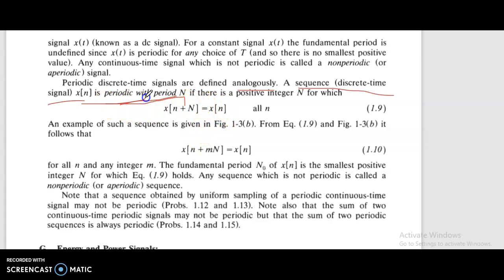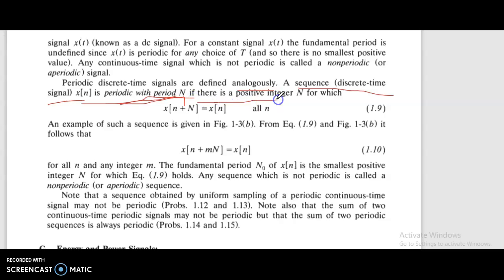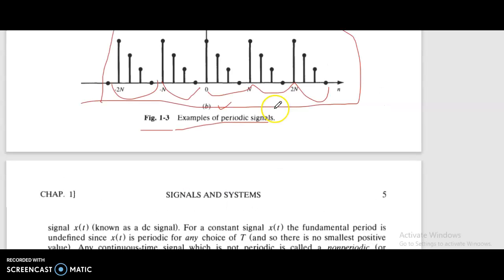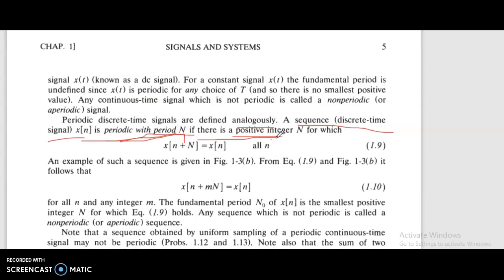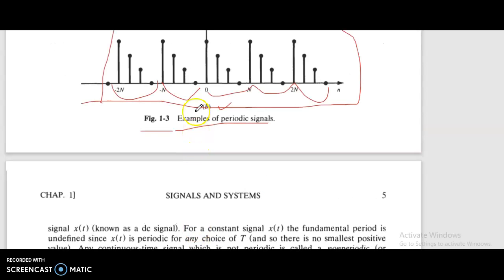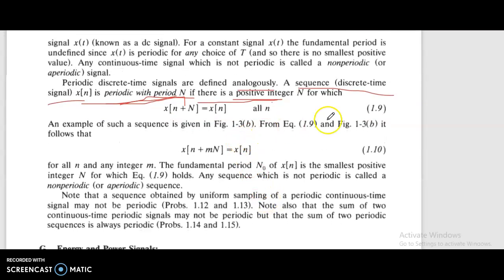Periodic with period N, if there is a positive integer N, and it has to be a positive integer: full, not half, not point something. One N means from here to here is one N, and so on.